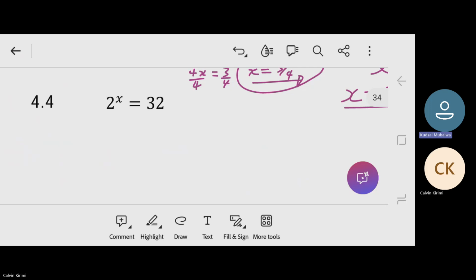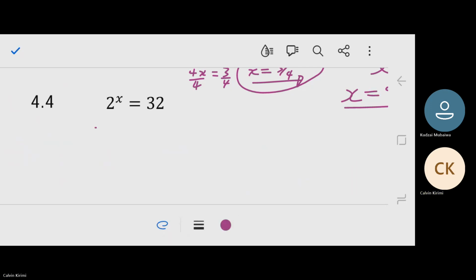So x is equal to 5. Yes, so you say 2 to the power x is equal to 2 to the power 5. Because the bases are the same, the exponents are also what? The same.